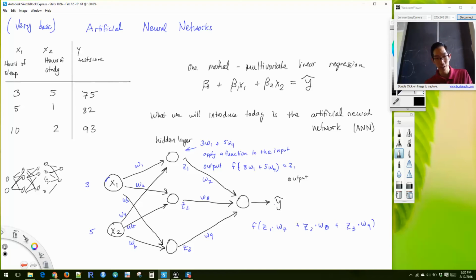You can build really complicated models, and you can have a so-called deep learning network. But we're not going to worry about that. We're just going to look at this kind of simple setup here.